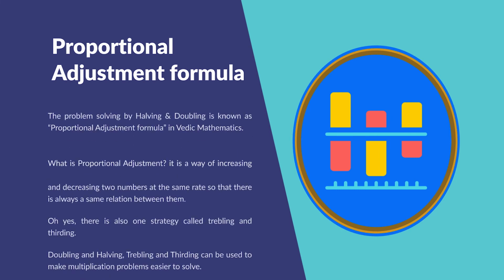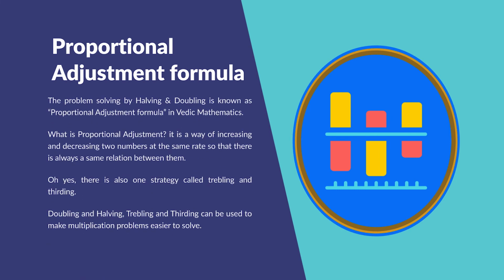What is the concept behind doubling and halving? The concept is called proportional adjustment formula. The problem solving by doubling and halving is known as proportional adjustment formula in Vedic mathematics. What is proportional adjustment?